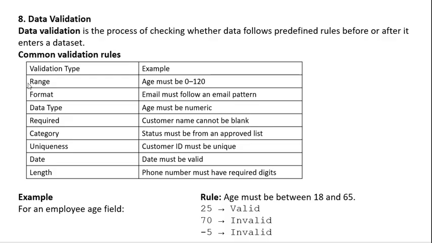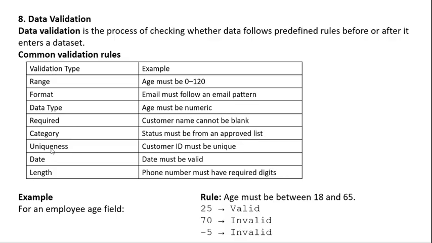Common validation rules: range, for example age must be 0 to 120; format, an email must follow the email pattern; data types, age must be numeric and name must be a string; and required, customer names cannot be blank.